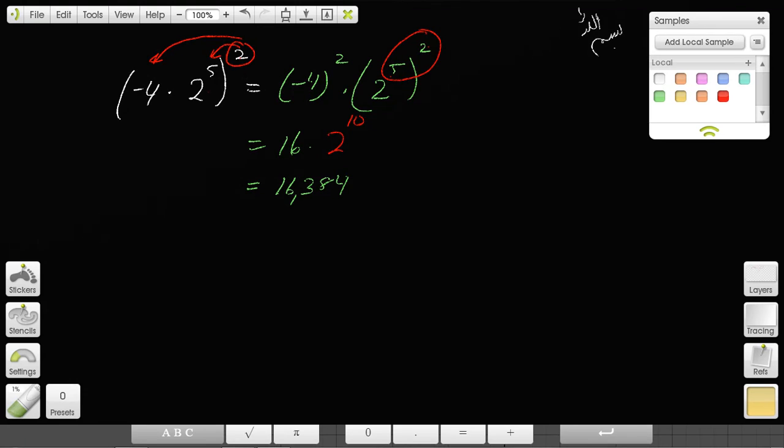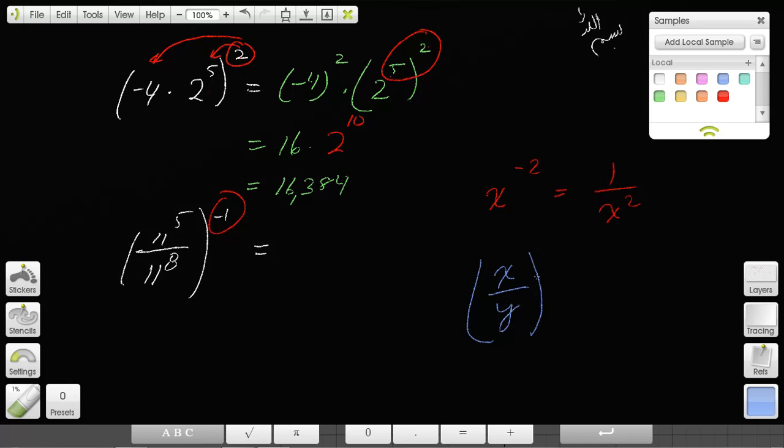Now here's another example. It's given (11 to the 5th over 11 to the 8th) to the negative 1. This is interesting because there's more than one way of doing this. If you have a negative power, like x to the negative 2, this becomes 1 over x to the 2. And if you have (x over y) to the negative 2, you can just flip the whole fraction.